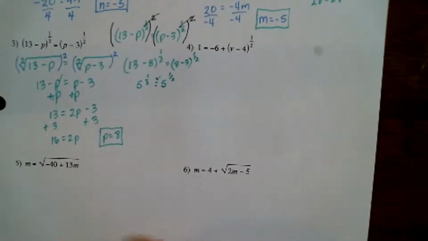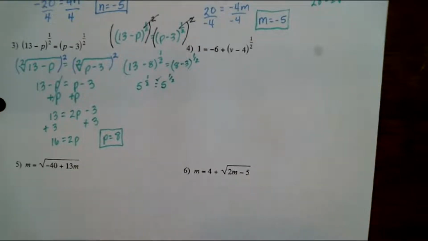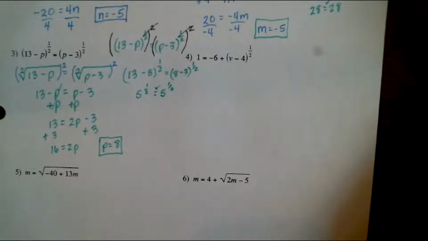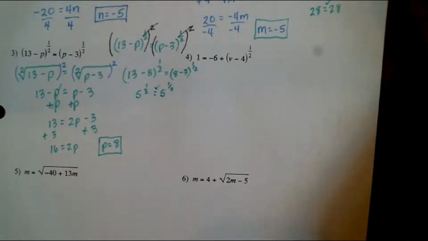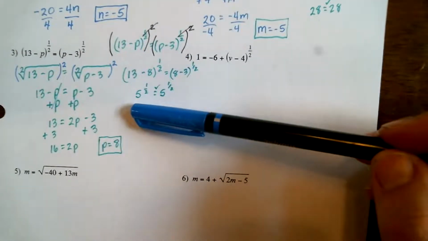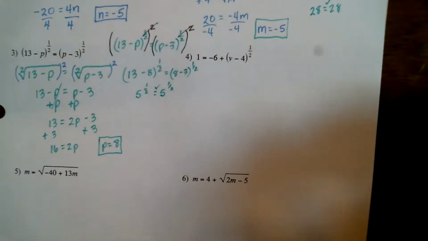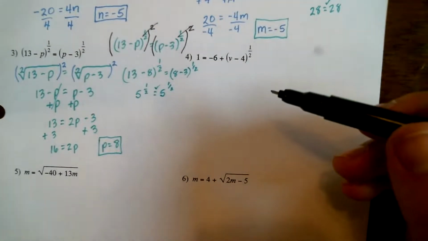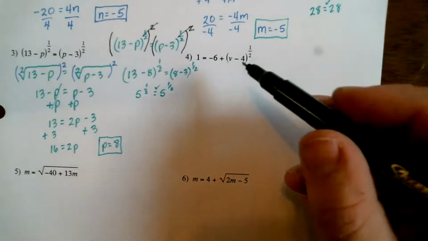Good call, Abby. Elena, 13 minus 8 is 5. Okay, cool.